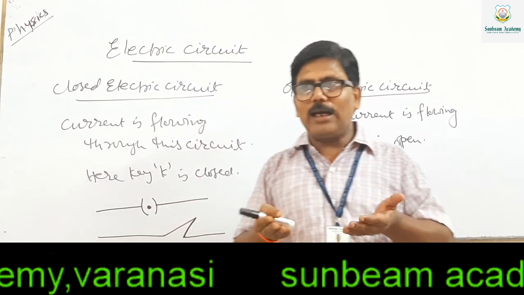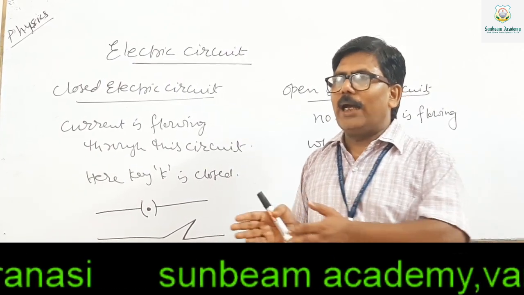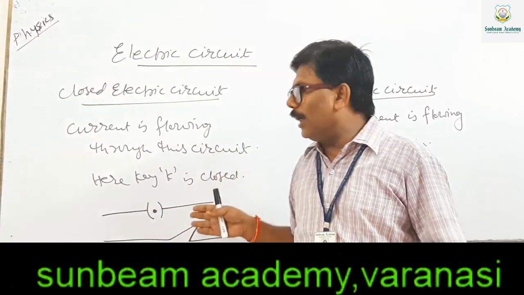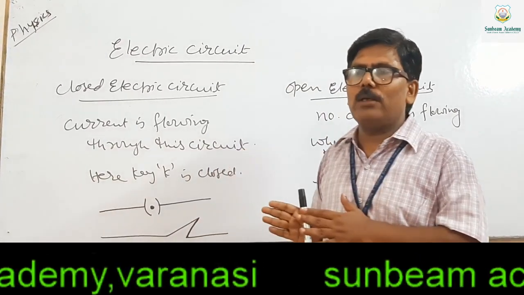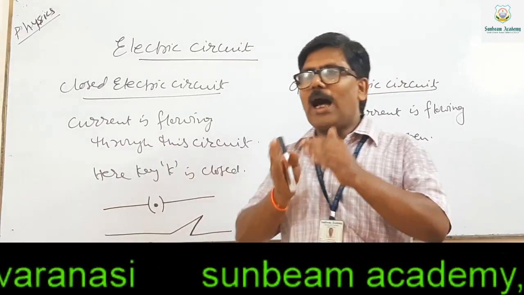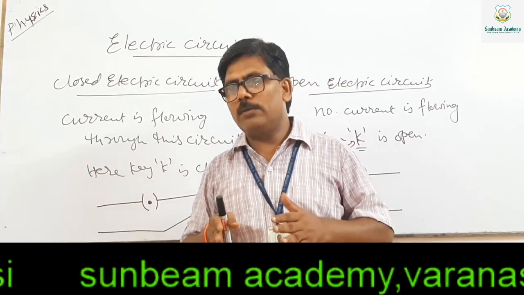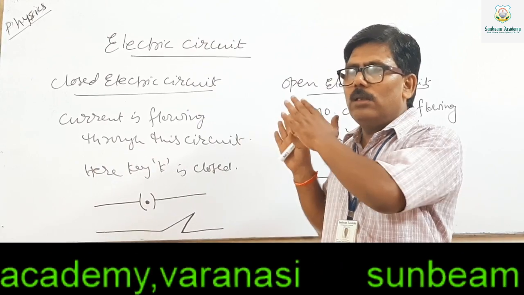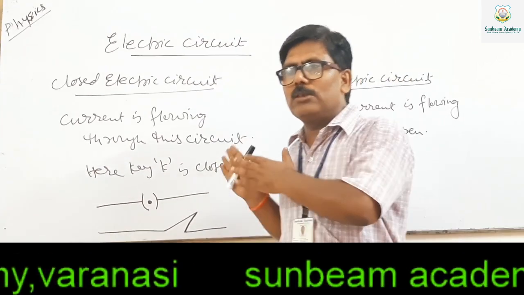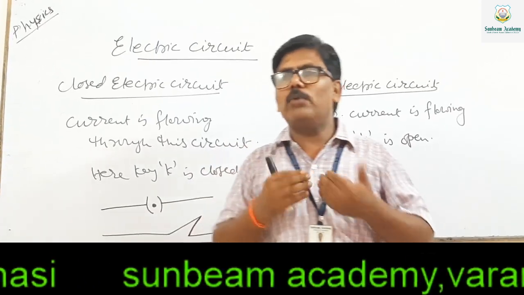In the next class, I will be explaining some questions based on this topic which are usually asked in the board examination, what questions may be asked on this topic, and how you have to answer it.